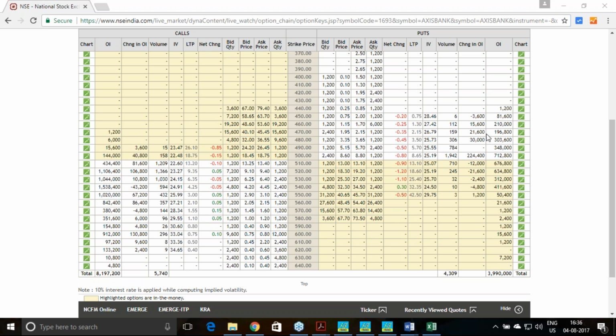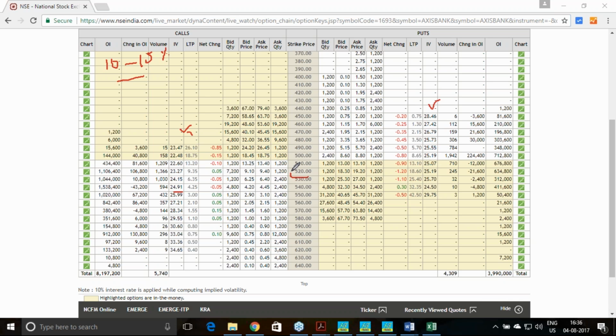This is a very important part for a strategy builder. Whenever you are seeing the IVs of call and put options, normally when you find the IVs are almost equal, meaning some 10 to 15% difference between the call and put IVs, for the same strike, you can take it.